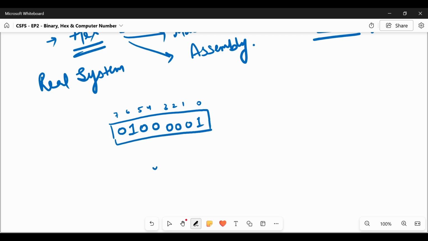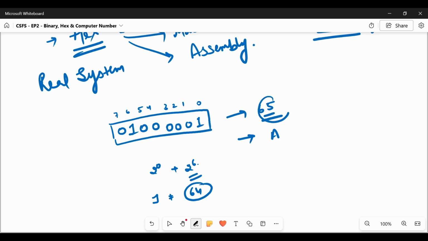That is the 2 to the power 0 bit is high and the 2 to the power 6 bit is high. Okay. 2 to the power 6 is 64 and 2 to the power 0 is 1. In ASCII terms, we have seen decimal value 65 is represented by the character A. And when we talk in hex terms, it will become 0x41, right? 4 bits is 1, and this is 4.